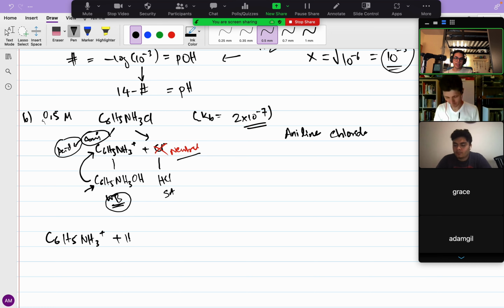All right, let's react this with water. You can think of this as having an H plus to give off. So that becomes C6H5NH2, and it passes that H plus on to H2O, making it H3O plus.